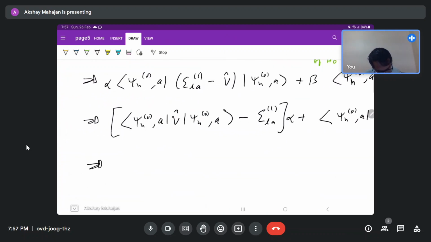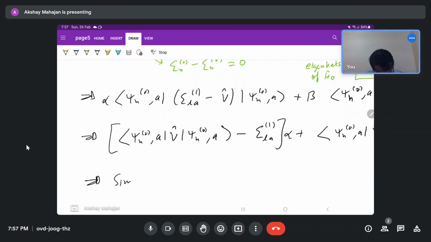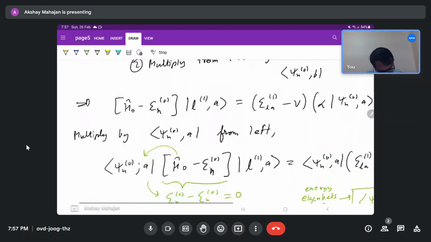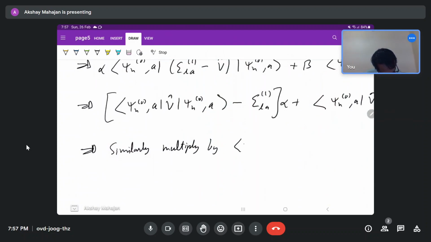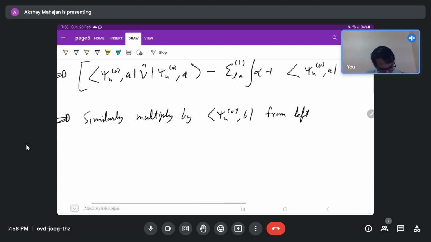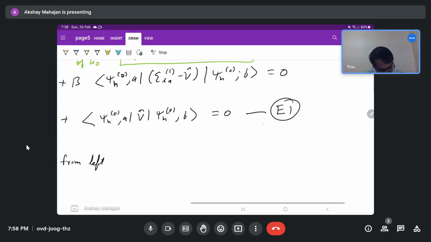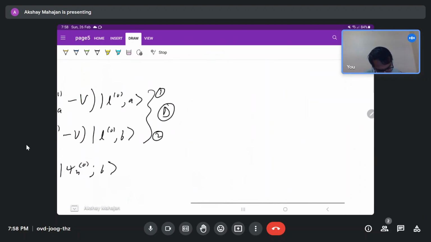Similarly, now by multiplying by psi n of 0 of b from the left, and if you do that, then I am writing the equation numbers.